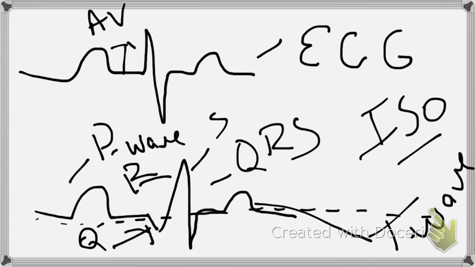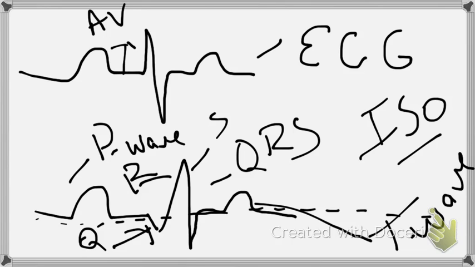Because when you come across here in time, okay, when you go left to right, this equals time. This up and down equals deflection, or millimeters. So time comes across here. This, it's called the PRI, but the PRI represents the pause at the AV node.